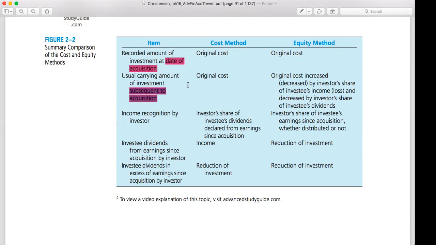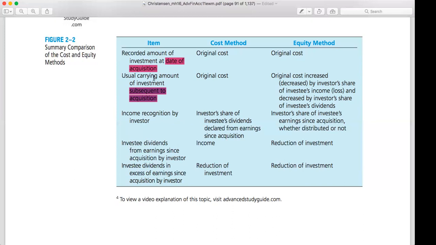Yeah. Also, original cost is applied by using the cost method. In the equity method, the original cost is increased by the investor's share of investee income, so the original cost will be increased or decreased by the investee income, and decreased by the investor's share of investee dividends.